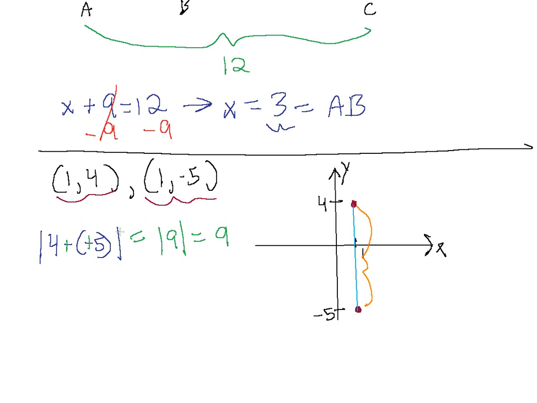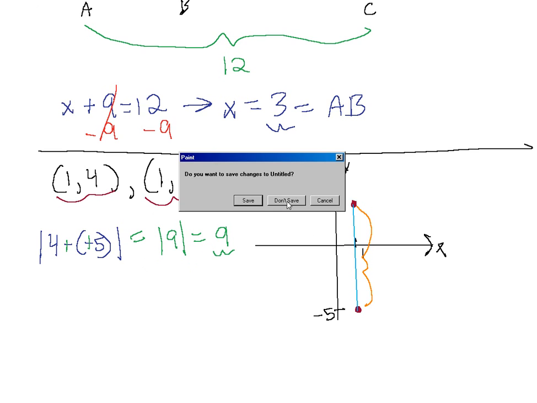Okay, and you can actually see that this works out the same if we subtracted this point from this point. You can go ahead and do that, and we have the absolute value bars. We'll actually have a negative 9, but since we have the absolute value bars applied to it, it also becomes a positive 9. Very important that we get a positive answer when we're talking about distance.